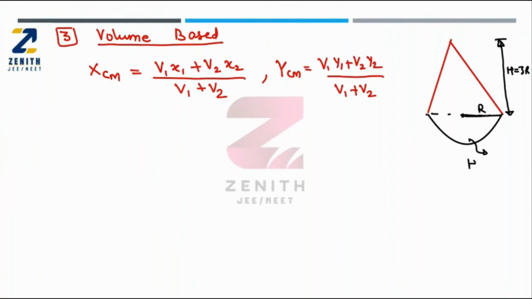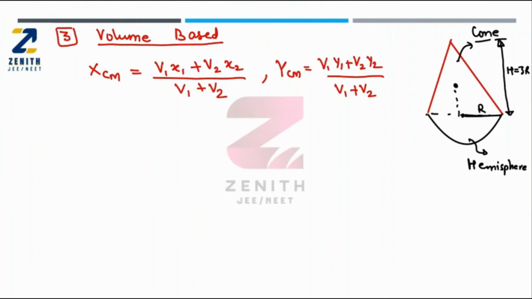So this is basically a hemisphere, and this will be a cone. That means one cone is there, and at the bottom of the cone we have added one hemisphere. Fine.